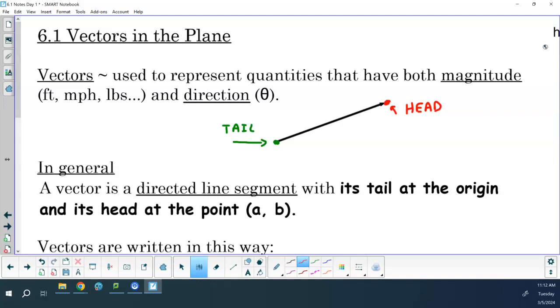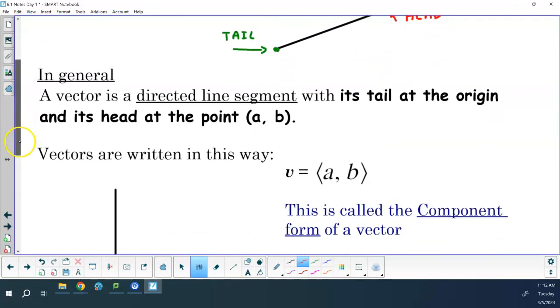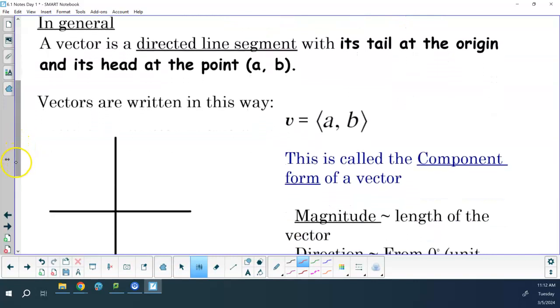So that vector can be written in this way. Notice that it looks like a point, but it's not a set of parentheses. It's a set of slanted brackets. If I were to draw this one freehand, it's kind of like half of a diamond.